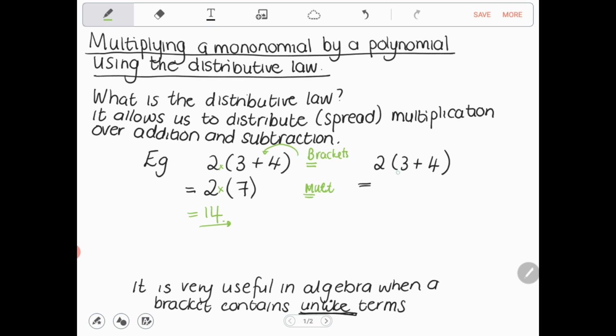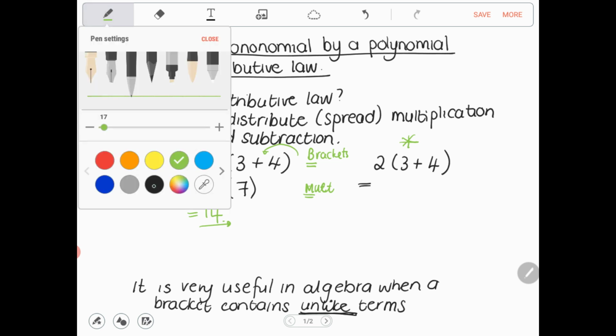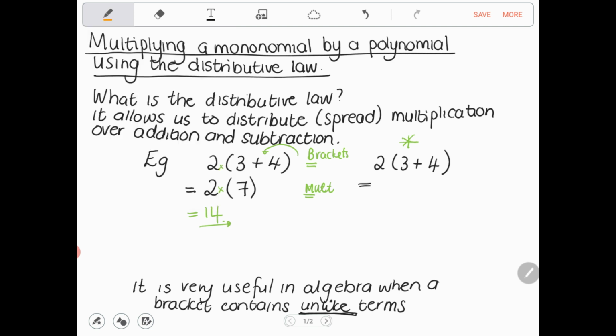This is the same example again on this side. This time, we're not going to add what's in our brackets first. We're actually going to start by multiplying. We're going to distribute this 2 over the bracket by multiplying by the 3 and multiplying by the positive 4.